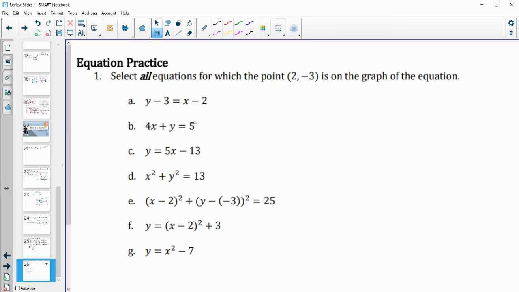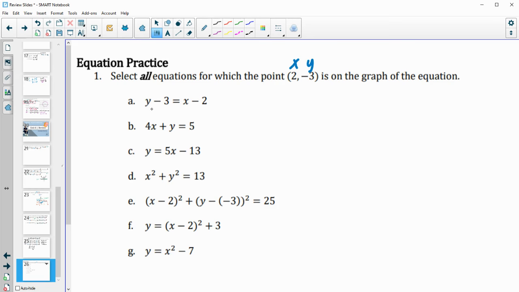All right, in this last one, we're going to be working with all the types of equations and just trying to see what we know. So this one is select all equations for which this point is on the graph. Now, there's going to be different ways you can do this. One of them is to just plug this in for x and this in for y into all of them. If both sides of the equations are equal, then the point is on the equation.